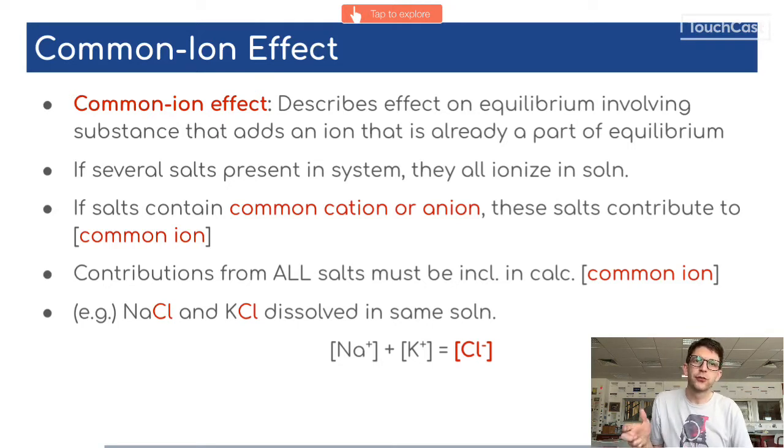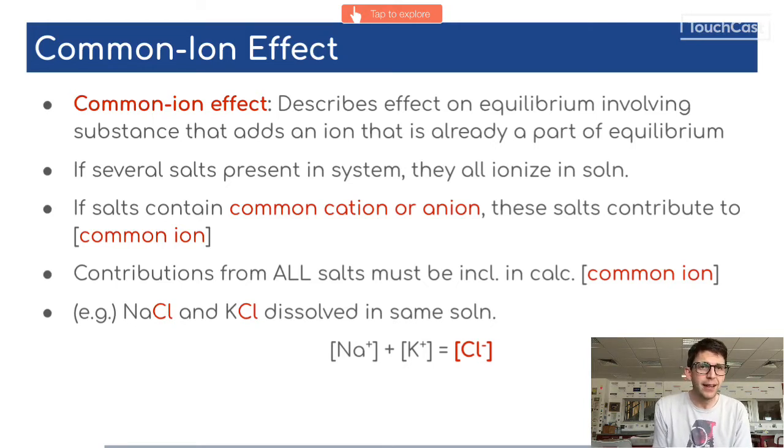So we know if several salts are present in a system, they're all going to ionize, right? And if those salts contain a common cation or a common anion, then they're going to contribute to the concentration of the common ion within that solution. So for example, that last bullet point says, okay, you've got some sodium chloride and some potassium chloride dissolved in the same solution.